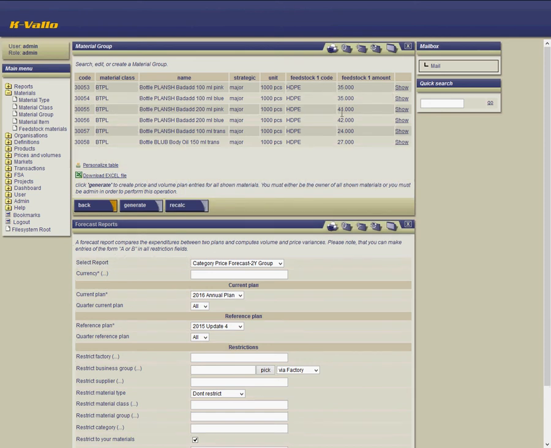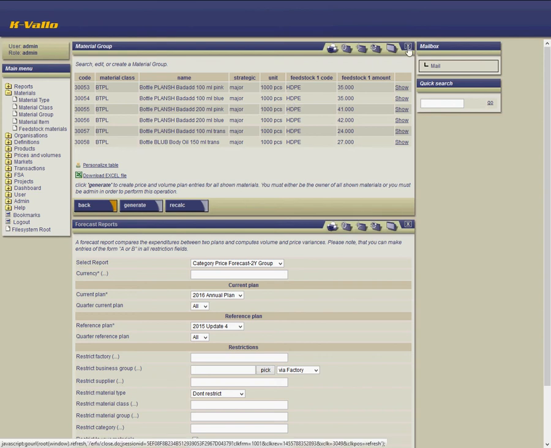Here it's 35 grams, 41, 42, 24, and it has the feedstock HDPE. So the system knows how many bottles are bought because of the volume plan, and it is allocating the HDPE price as part of the price.